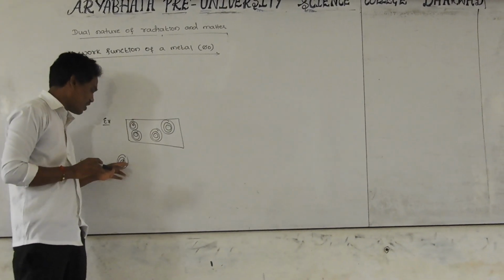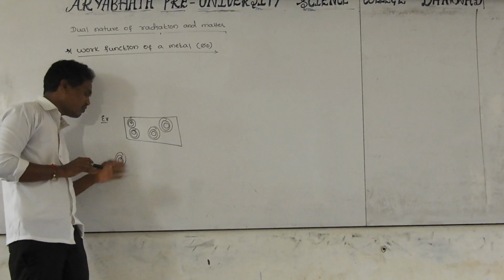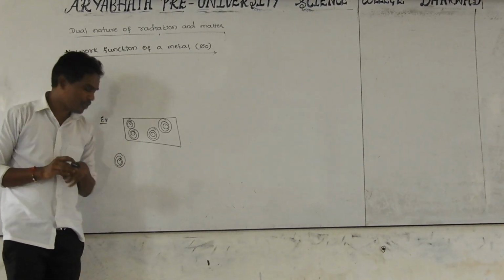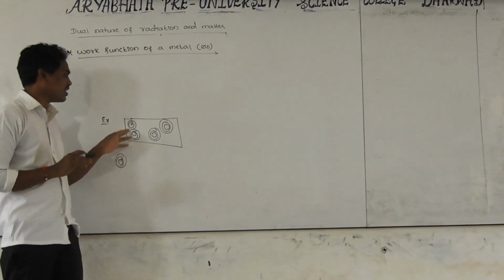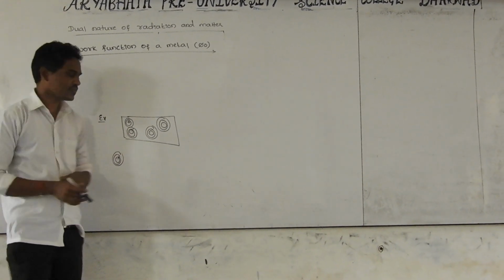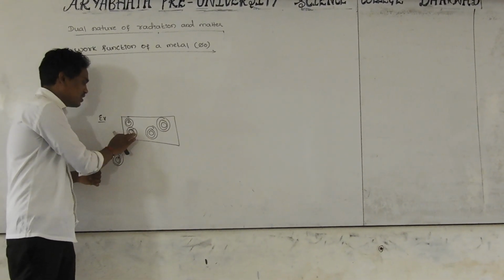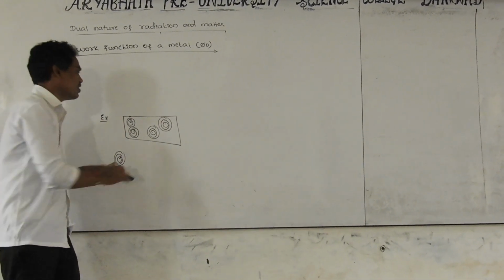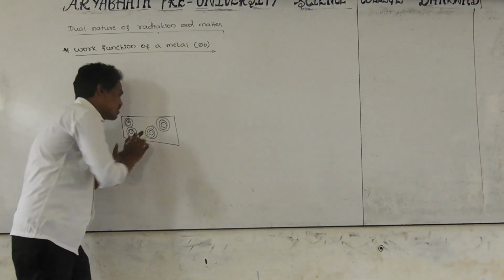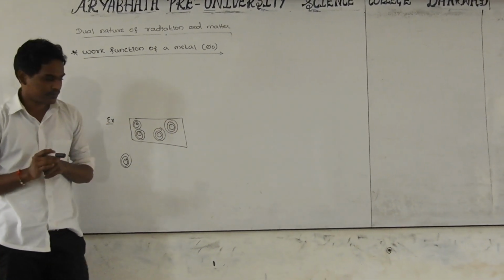That's why each atom is neutral. This atom is also neutral, this atom is also neutral. All the atoms are neutral, which means the total net charge of this metal is also neutral.